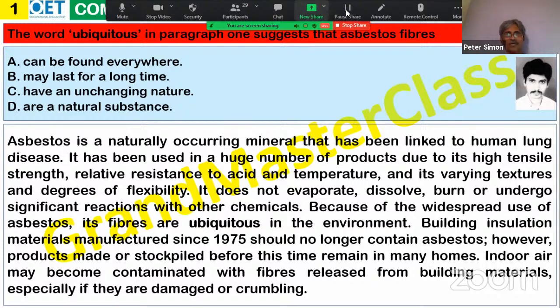Now you have to check the answer A, B, C, or D. Quiz mode.